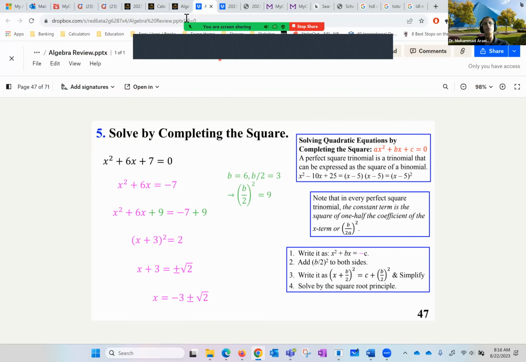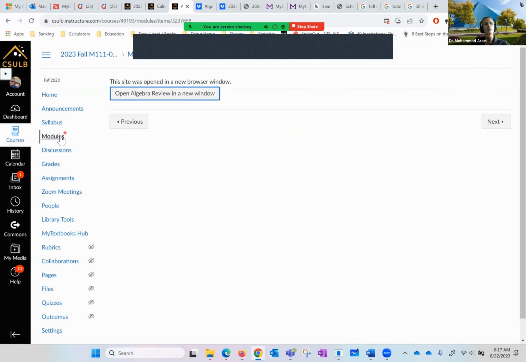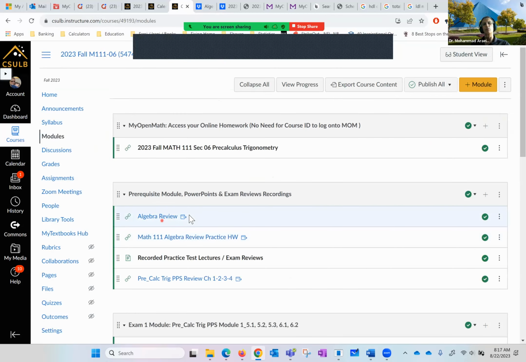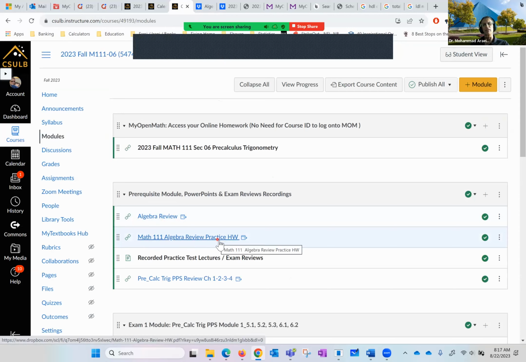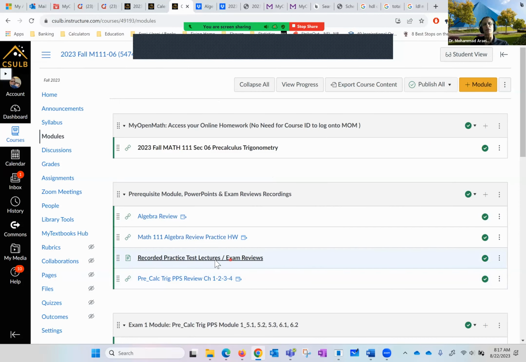That's why I called it algebra. If you're comfortable with algebra, you don't need that. The next one is like a practice homework. You don't have to worry about that. You can try it on your own. I'm going to leave it for you to explore that. I want to go over the last one and then the recorded one.